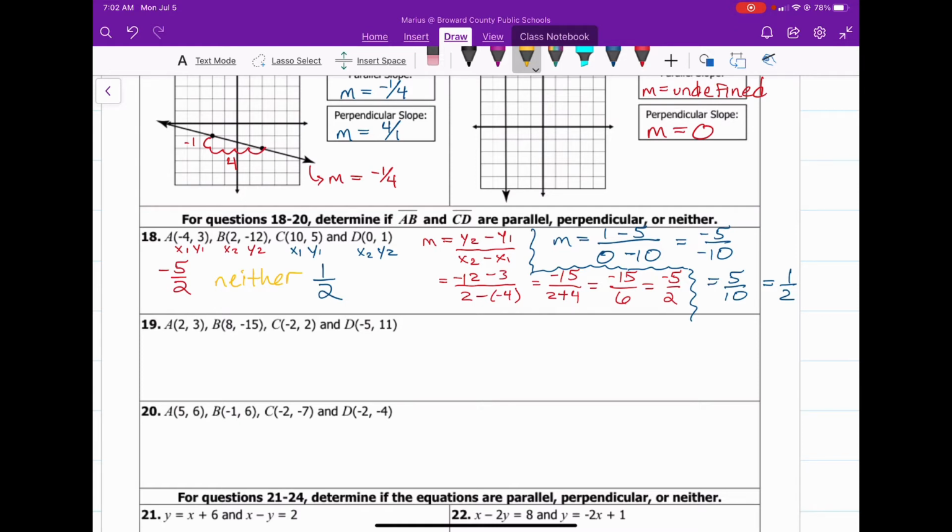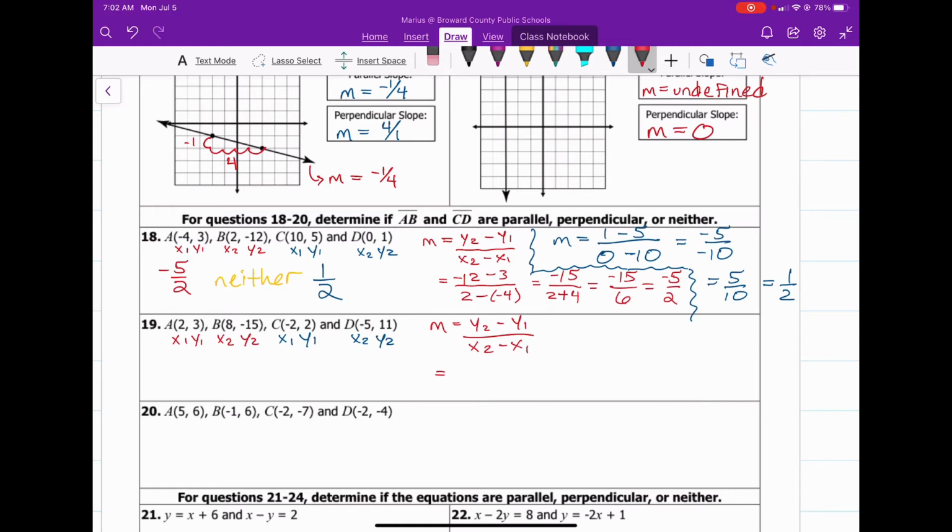All right, let's take a look at number 19. Same thing. Label them x1, y1, x2, y2, and then x1, y1, x2, y2. For the red ones, m equals y2 minus y1 over x2 minus x1.